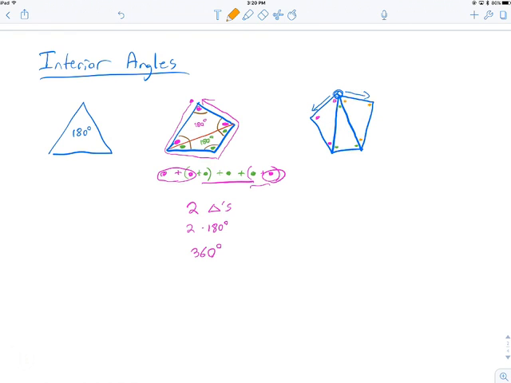But look, if I add up all of those dots, I exactly get the total of the interior angles, right? That's every single dot. No other angles in there. So I get 3 triangles, or 3 times 180, 540.